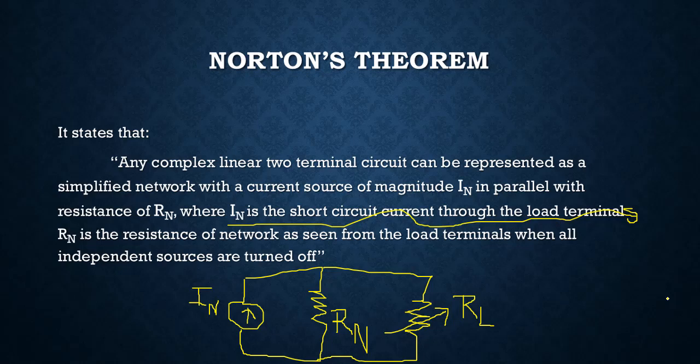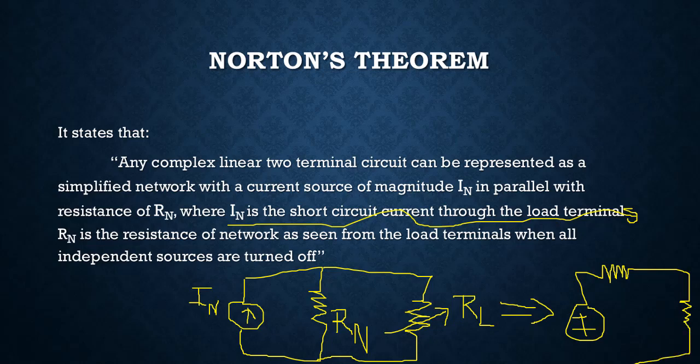We studied one theorem in the very previous lecture: if a current source has a resistance connected in parallel, then we can convert that current source into a voltage source with the same value of resistance in series, sorry. And then we have the load resistance.